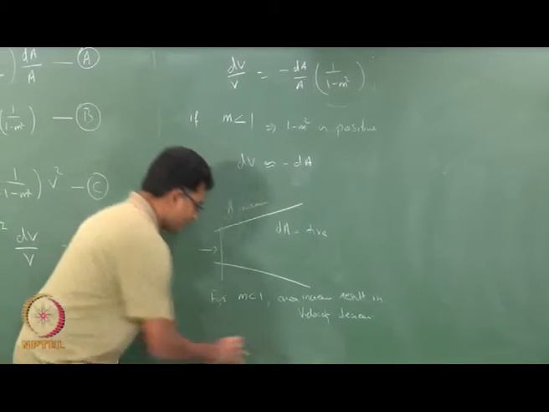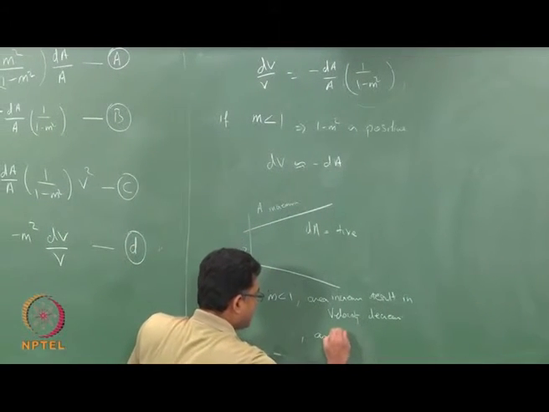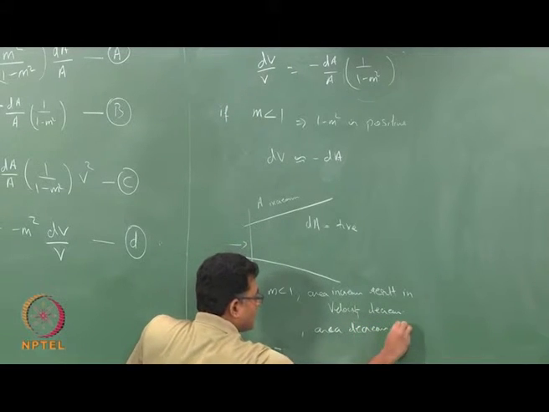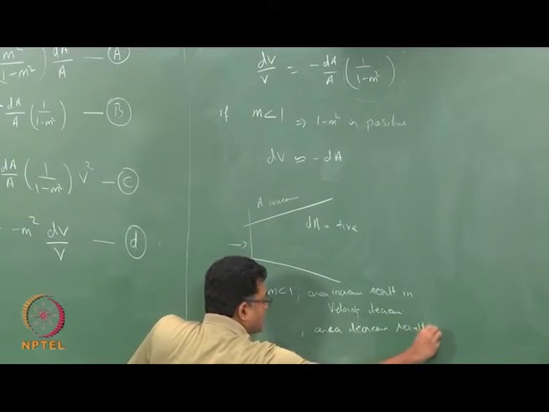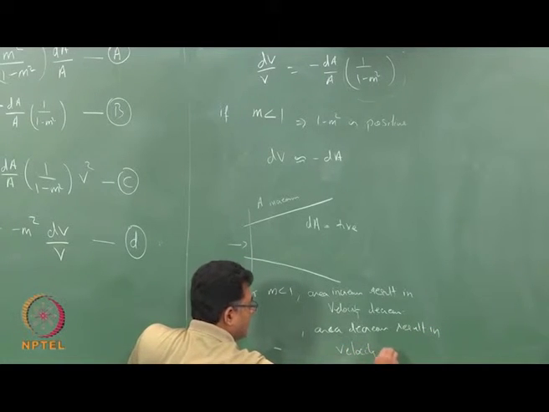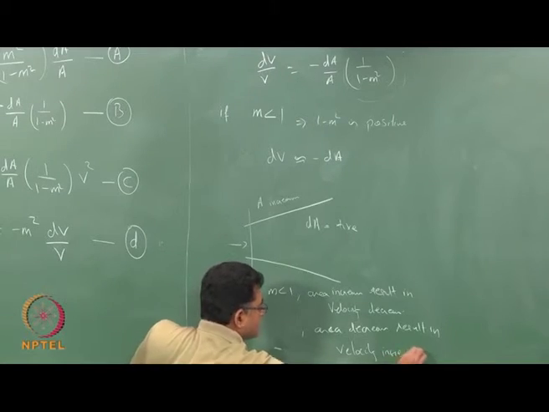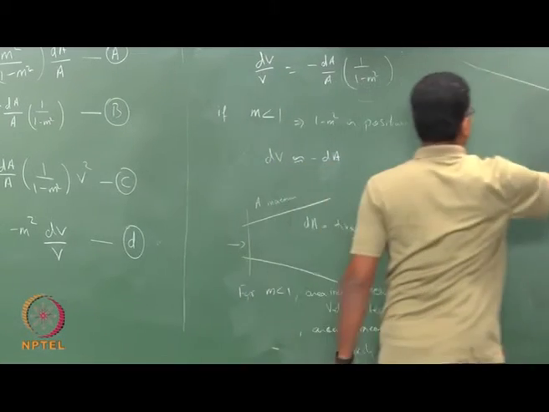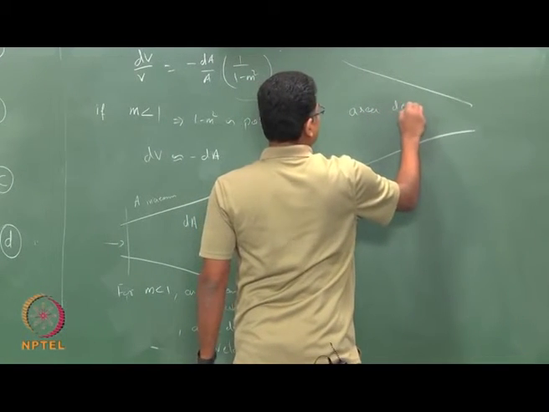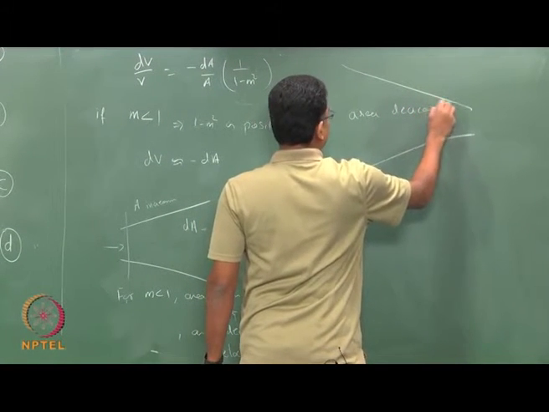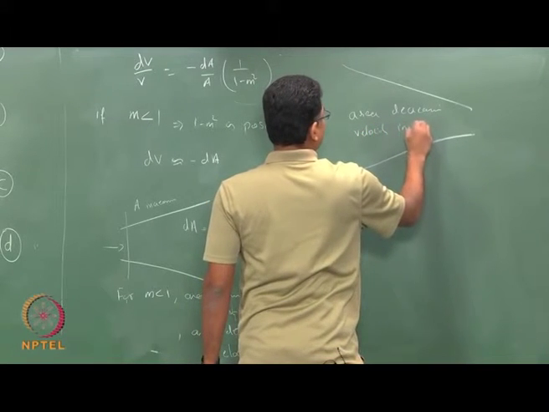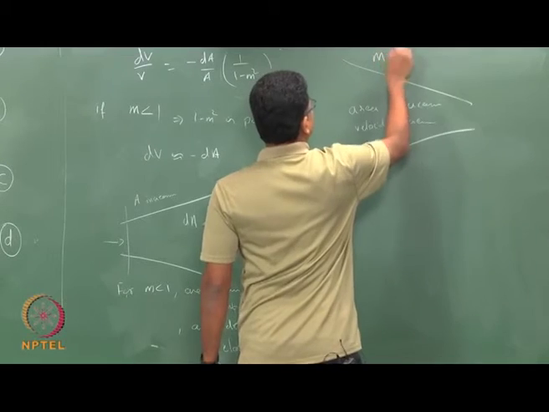So, if area decreases, it results in velocity increase, which means a scenario like this, my area is decreasing, my velocity increases if m is less than 1.